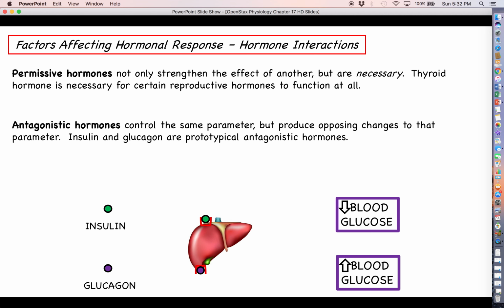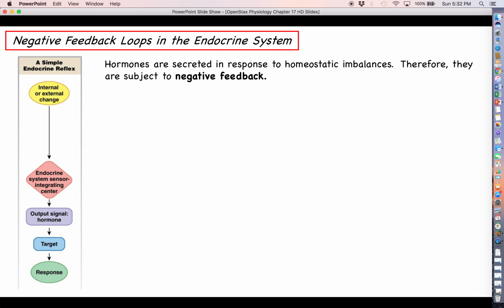And then finally, the consequence of the two things that we led into with this, you're not likely to find antagonistic hormones in the bloodstream at the same time, because that would be kind of a zero-sum game. If insulin and glucagon are both in the blood at the same time, insulin's trying to lower your blood glucose at the same time that glucagon is trying to raise it. So you're not really going to accomplish much if that is the case. Certainly, that's not going to be useful for us for the sake of homeostasis.